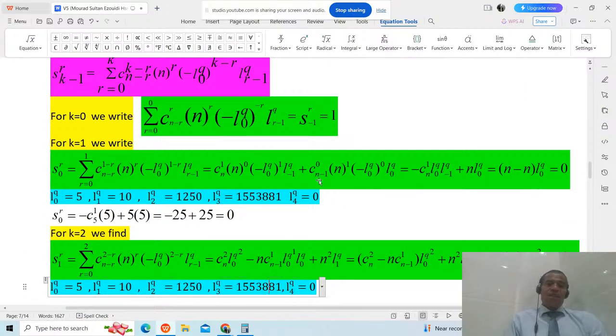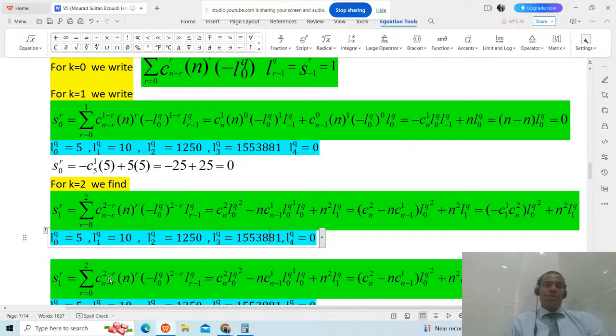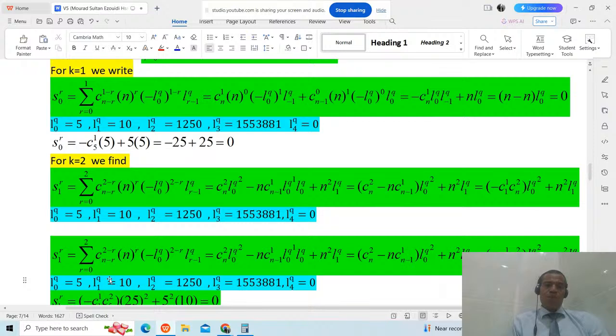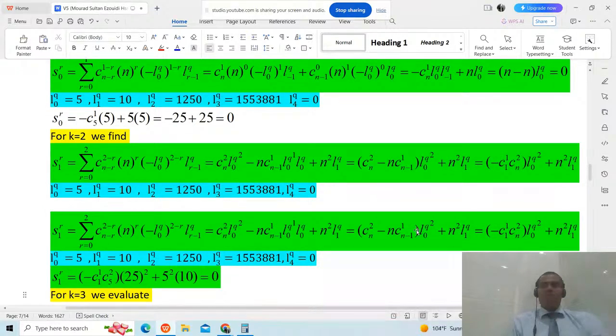Of course, putting k equal 2, we get S1. S1 is obtained from the discrete formula of Muirhead-Sultan-Zwili that we mentioned here. Now to expand or simplify more, you just replace r with 0, then with 1, then L0 for the q squared plus n squared L1.